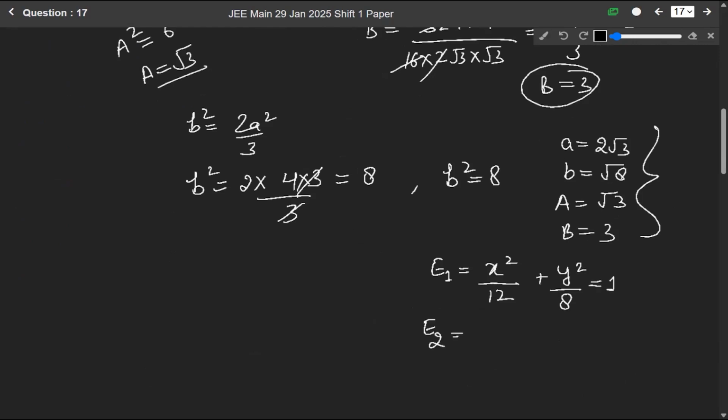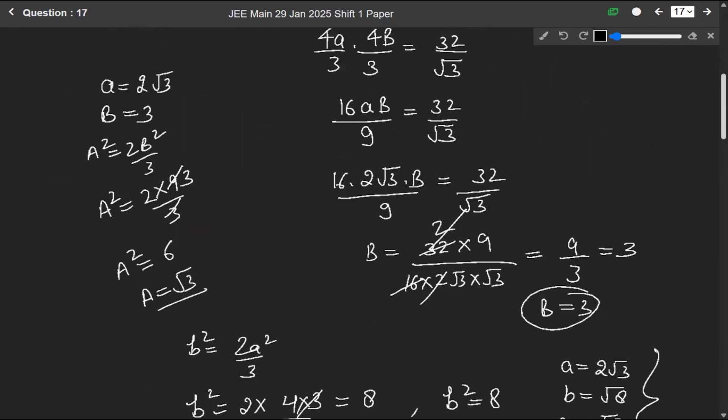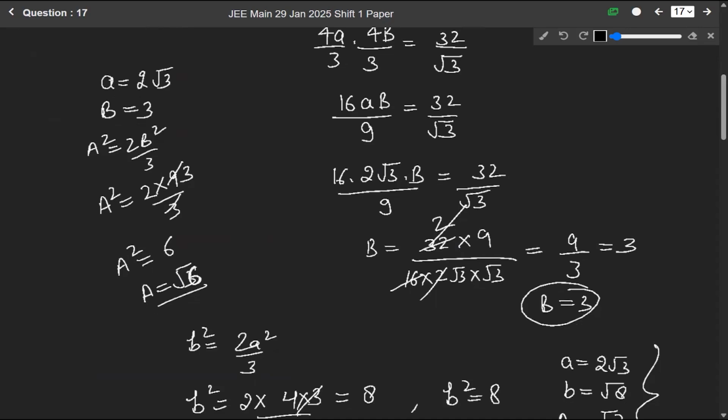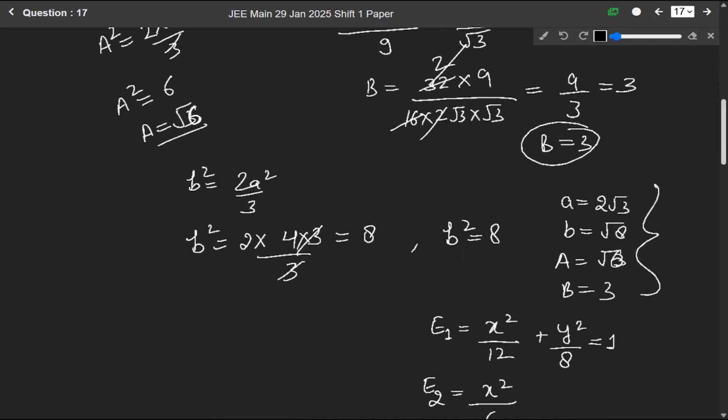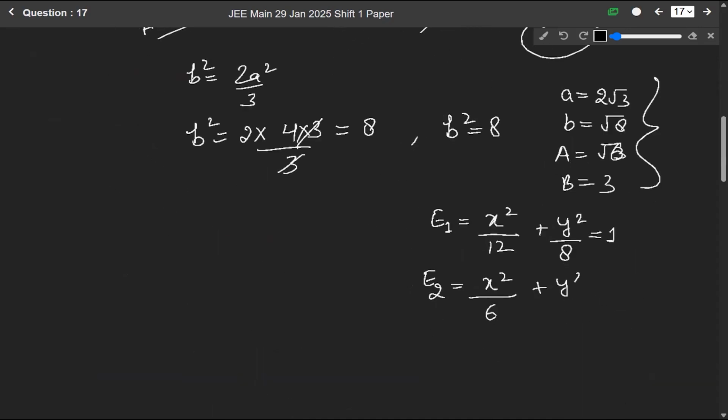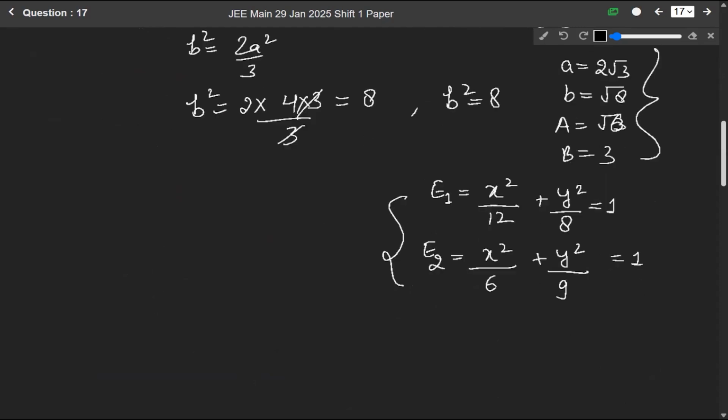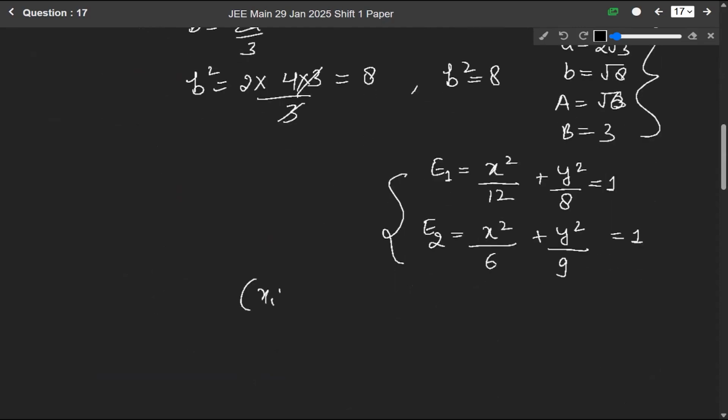And E2 will be x square over 6 plus y square over 9 equals 1. Now, solving E1 and E2, we get x comma y equals root 6 over root 5, comma 6 over root 5.